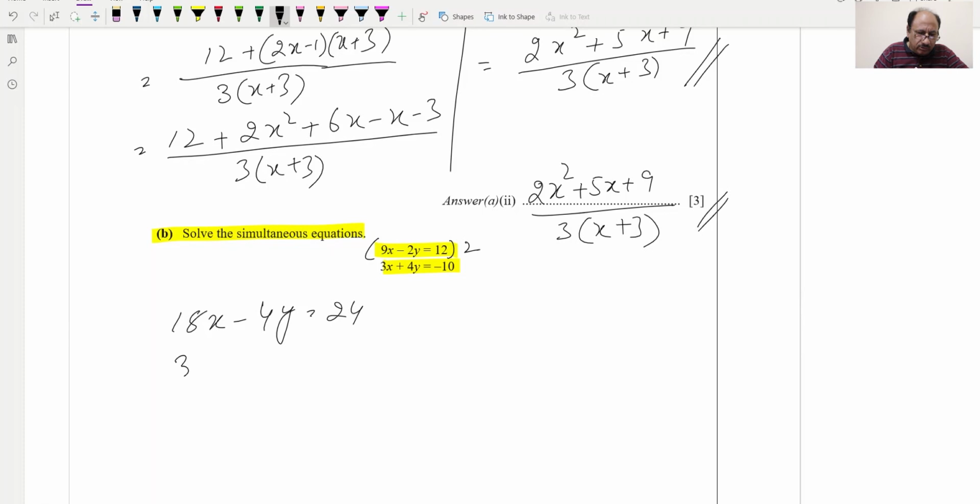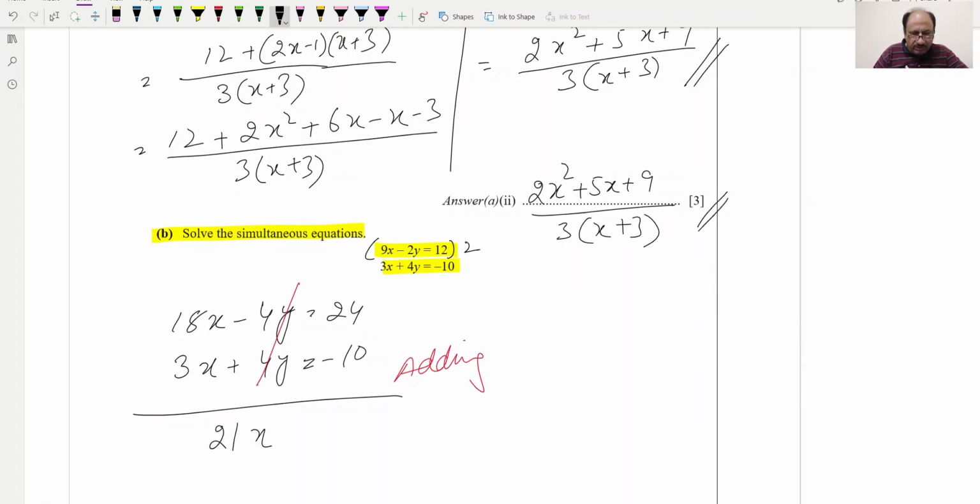The second equation we are just copying as it is. Now as the coefficients of y have the same signs, we can just add them, and by adding, we will be cancelling y, and our result will be 18, 19, 20 and 21.